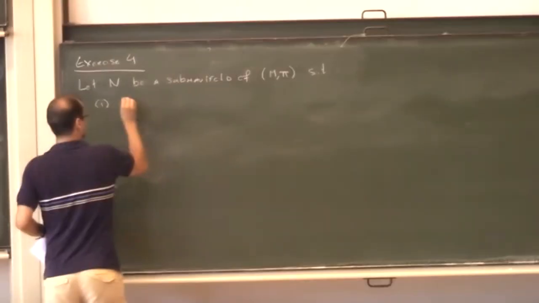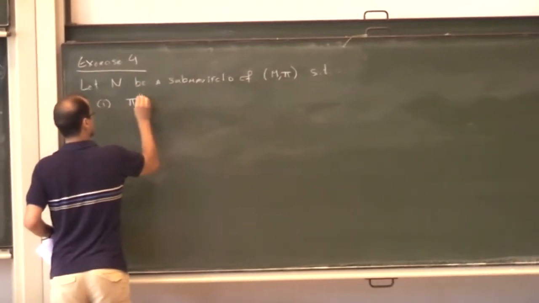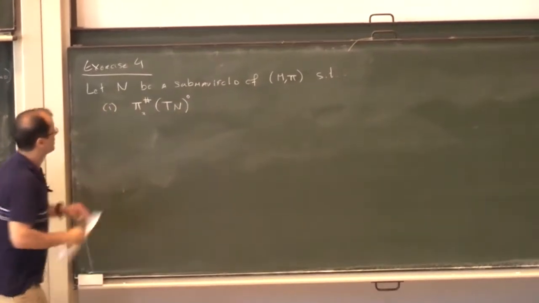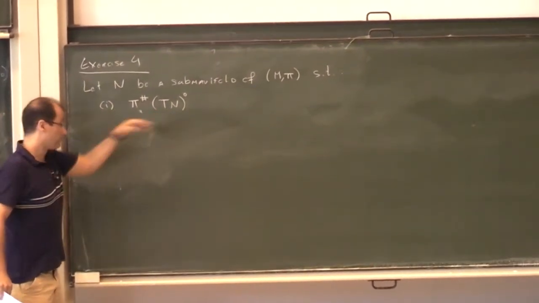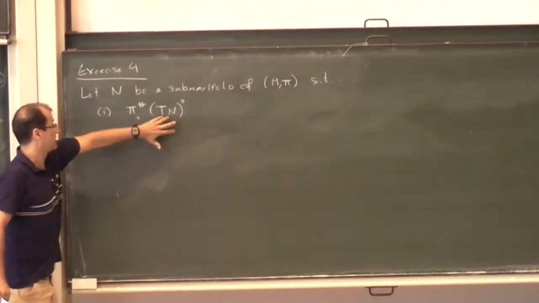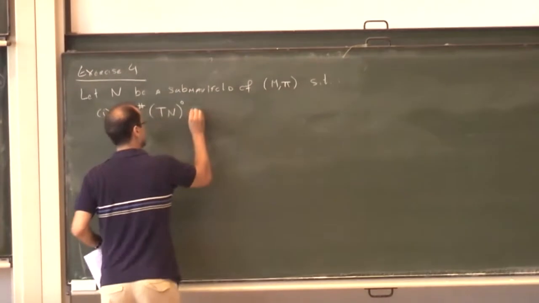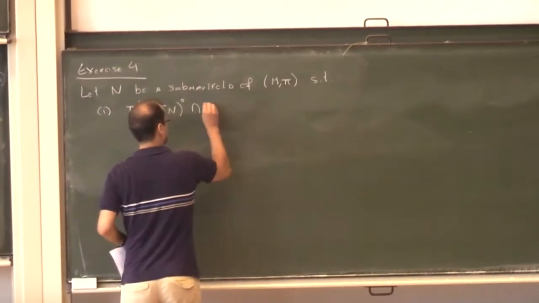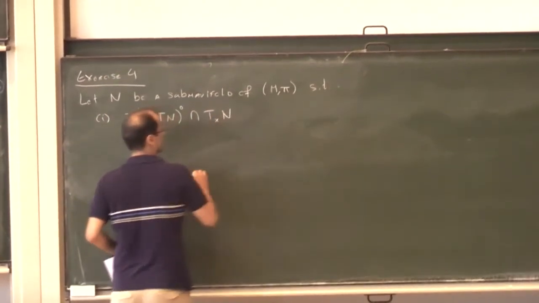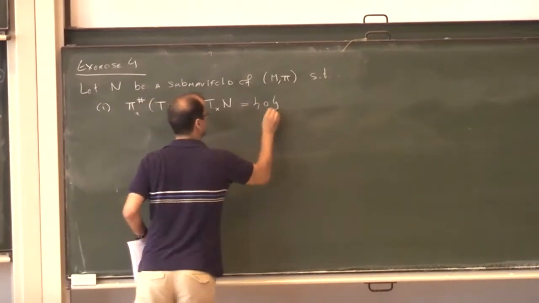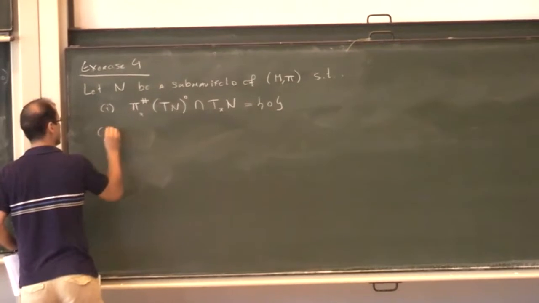The first one says that if I take all covectors that vanish on TN and I apply the Poisson tensor, then this never meets the tangent to N except at the zero vector.